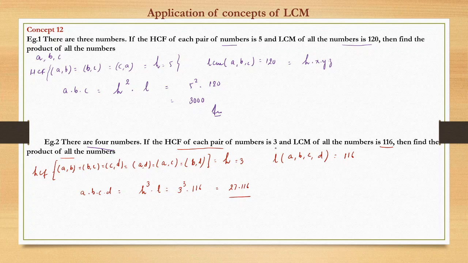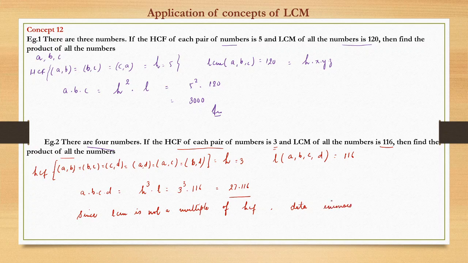But here, is the HCF, which is 3, a factor of 116, or rather, in other words, is 116 a multiple of 3? No, right? 116 is not divisible by 3. So since LCM is not a multiple of HCF, hence data is inconsistent.